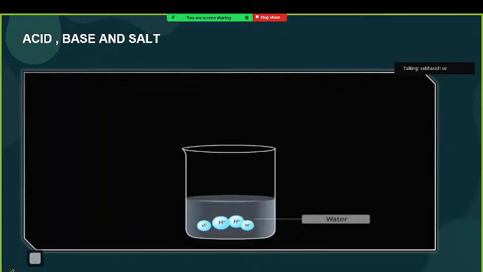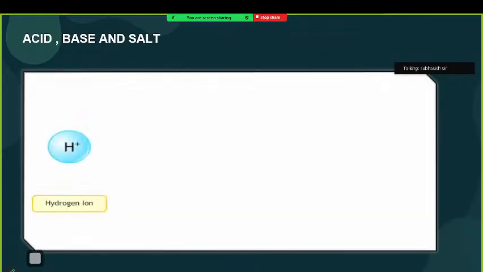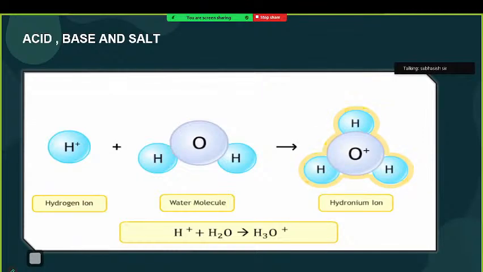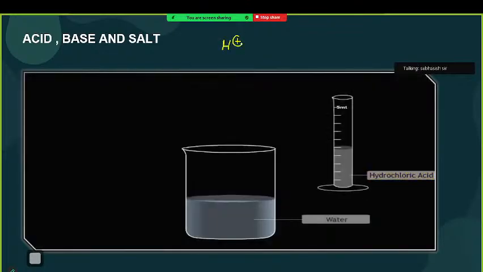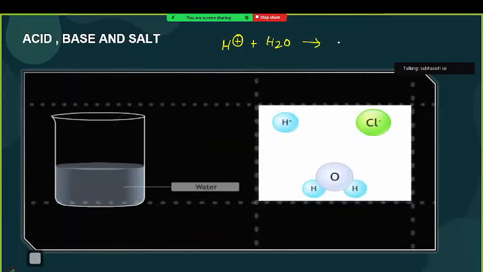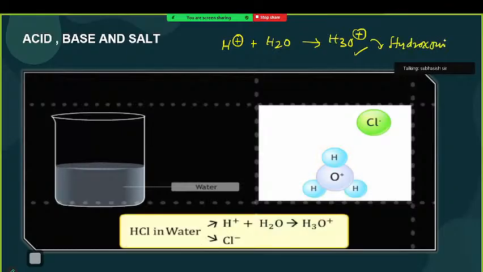Now when acid is added into water, acids generally produce hydrogen ion. And this hydrogen ion gets attached to water with the formation of hydroxonium ion.